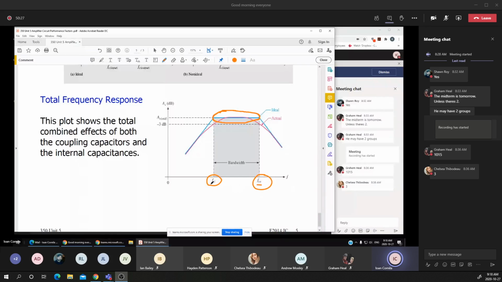And I will use those two limits again, the FCL and the FCU, the critical frequency on the lower side and the critical frequency on the upper side, for the op amps.